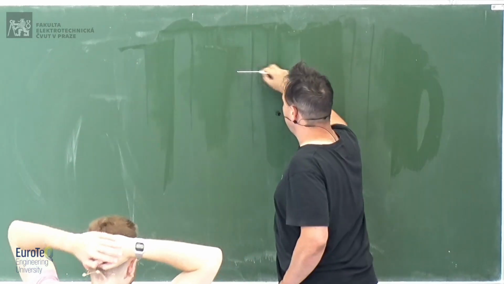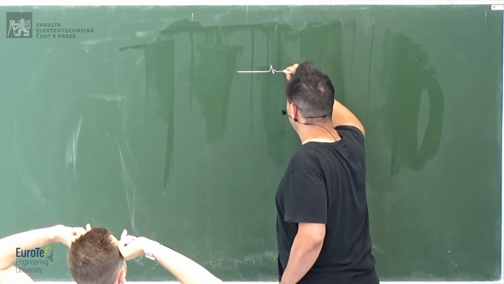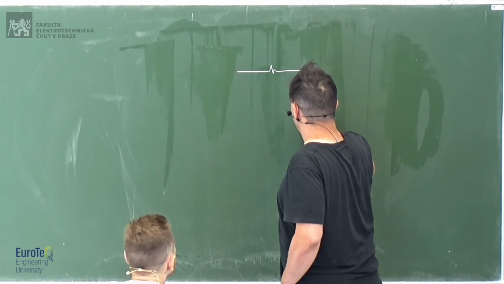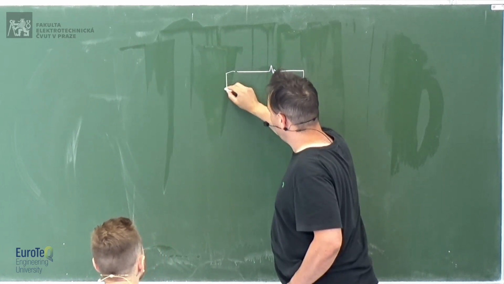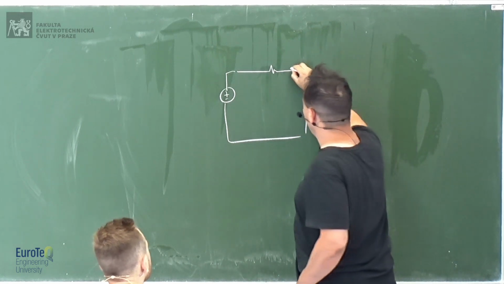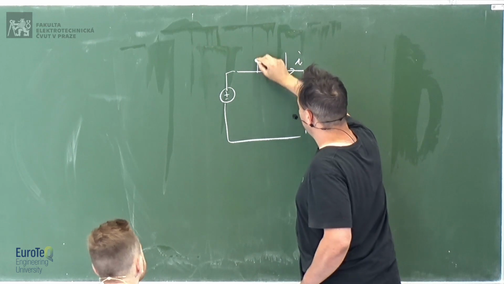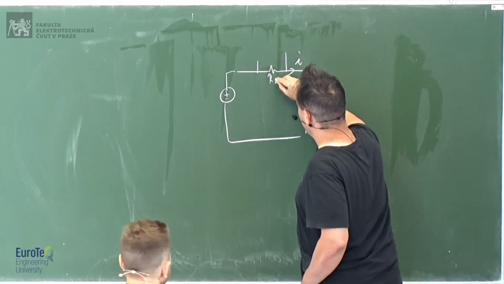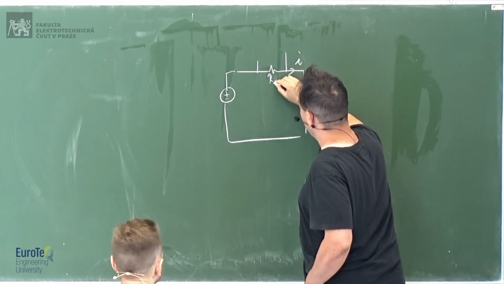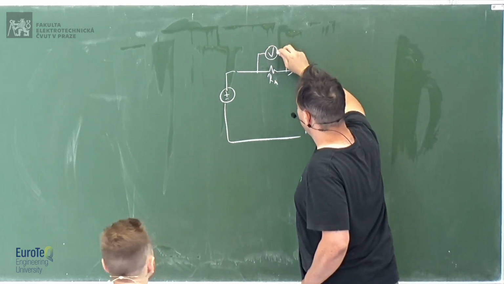So let's say that we have a circuit, whatever the circuit is. Here we have some source of voltage, and we want to measure the current here, okay? So what we do, we put a small resistance, and we measure the voltage, okay?